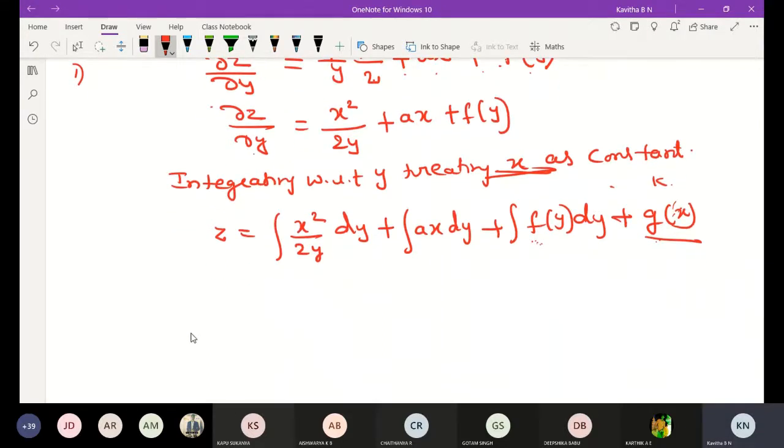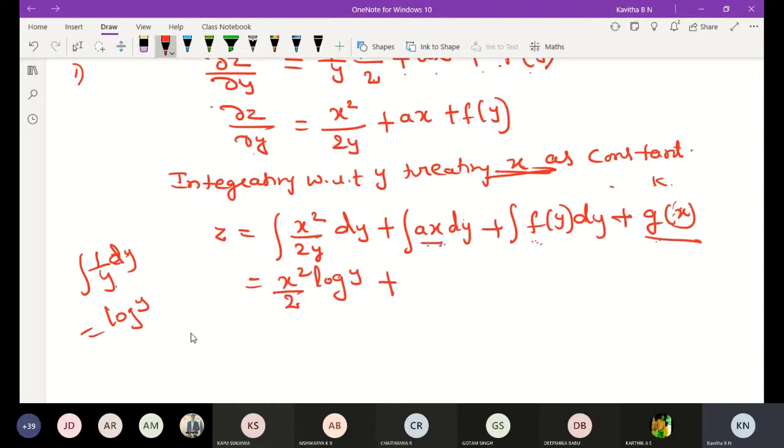Then next, the integration of 1 by y dy is log y, so x square by 2 into log y, plus the integration of ax dy.